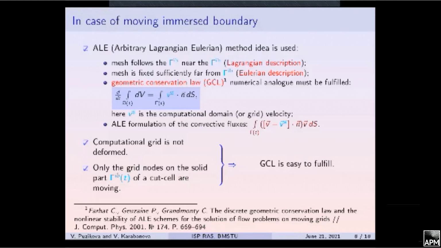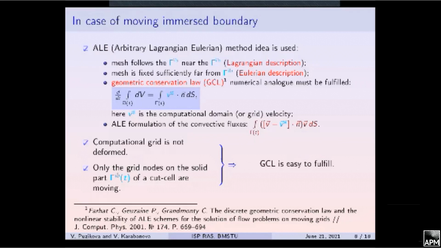In a series of papers, Farhat and co-workers have shown that the ALE numerical scheme preserves the accuracy and stability of its fixed grid counterpart if the grid velocity and mesh update procedure are designed such that the so-called geometric conservation law is enforced at the discrete level.